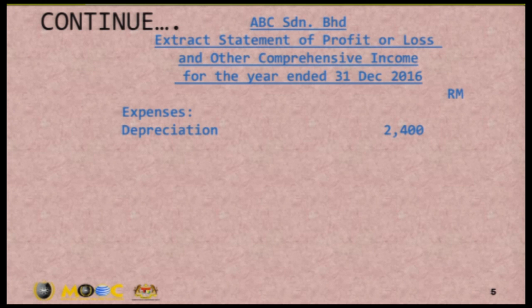For the extract of the statement of profit or loss and other comprehensive income for the year ended 31st December 2016, the depreciation expense charge is 2,400.